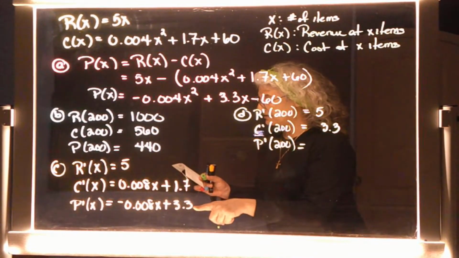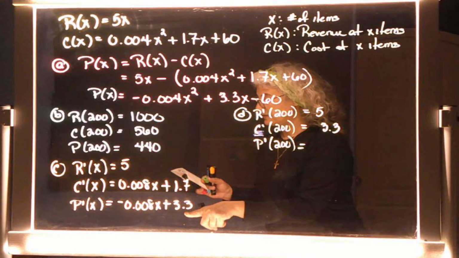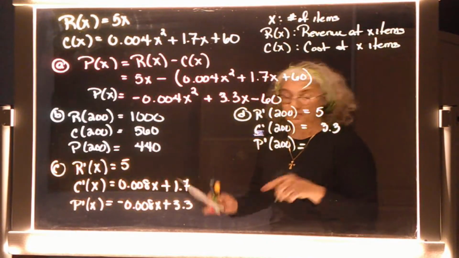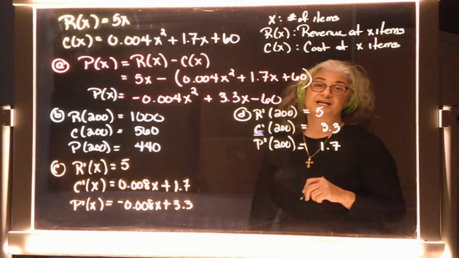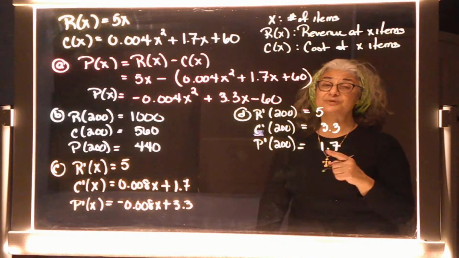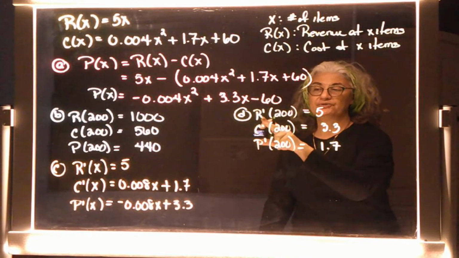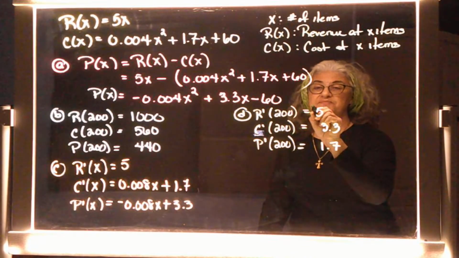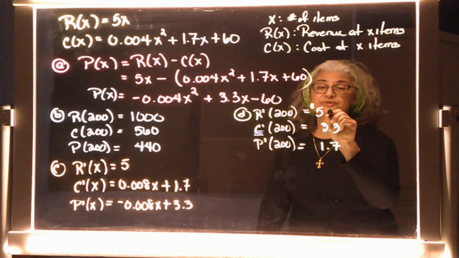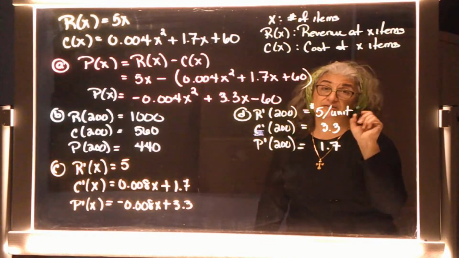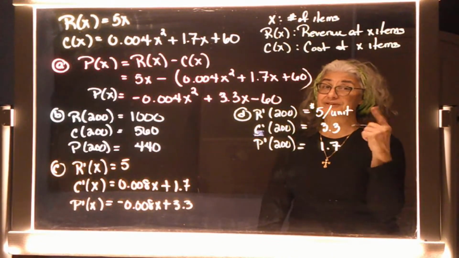And the profit, first derivative. Yeah, I got 1.7. Now, here's what this means. You're like, what the heck does this mean? The first derivative of the revenue at 200 means the revenue is $5 per unit at the x plus first item.